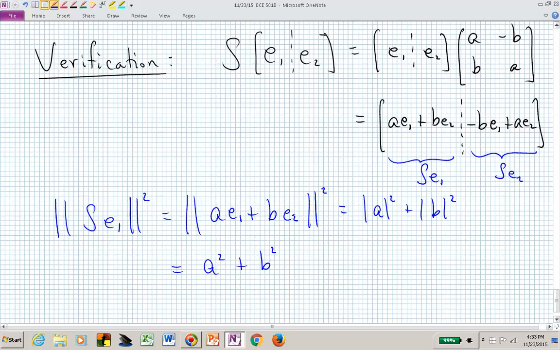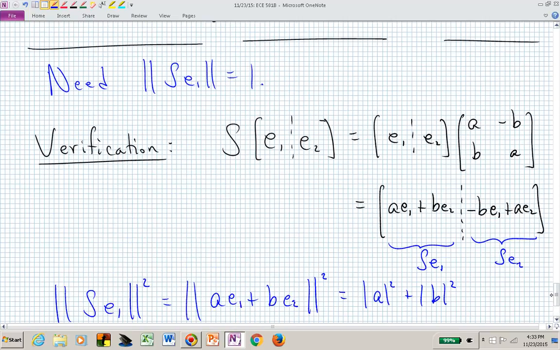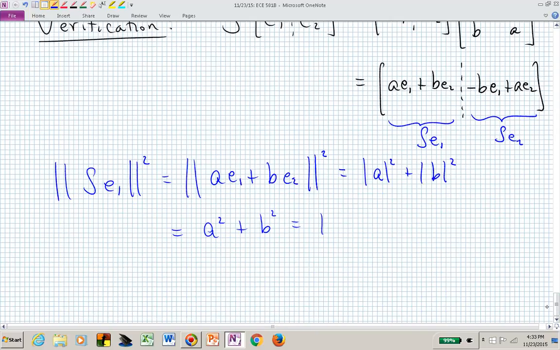And what do we want that to equal? We needed that to equal 1. We needed the norm of SE1 to be 1, so the square of that is also equal to 1. And what's one way of finding an A and a B where A squared and B squared sum to 1? They could be on this unit circle, couldn't they?